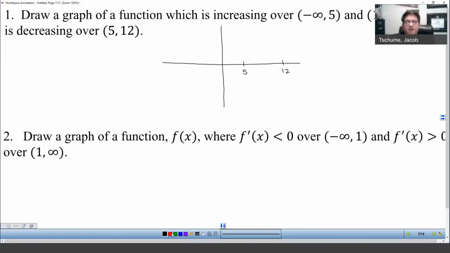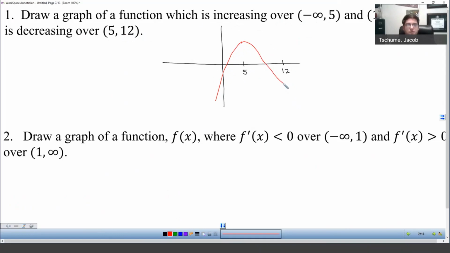It says your graph needs to increase on the interval. The first one I see is from negative infinity to 5. So I'm going to start down here and increase until I get to the number 5. Between the interval 5 and 12, it says it needs to decrease. So I'm going to decrease back down until I get to the number 12.